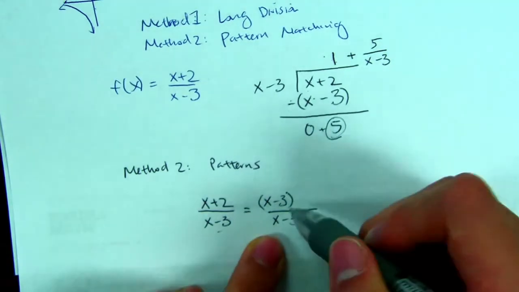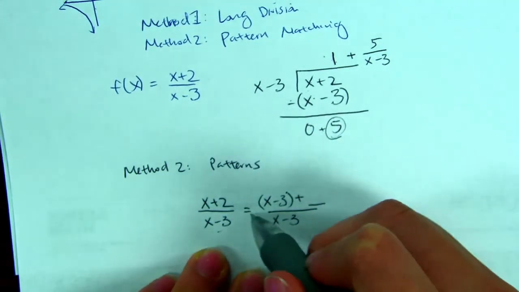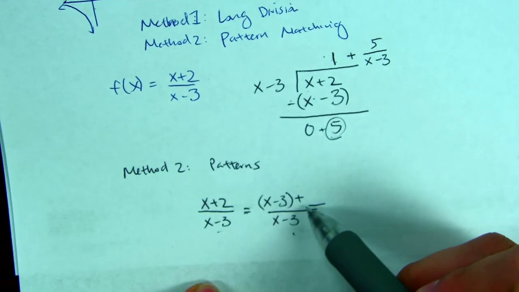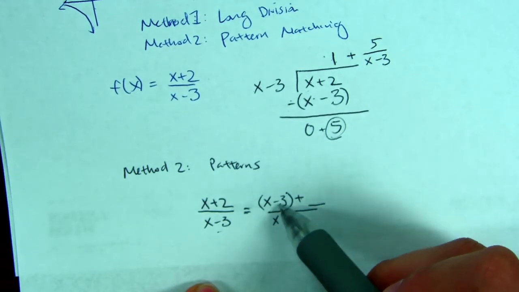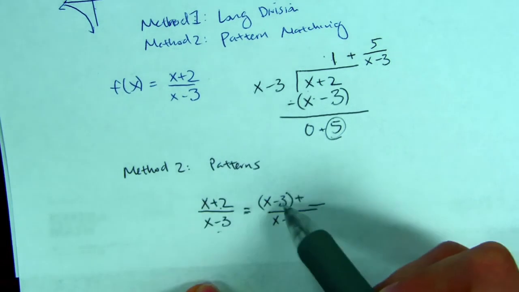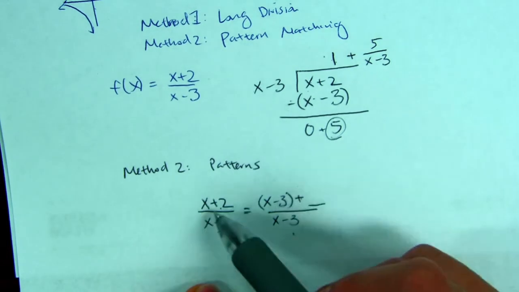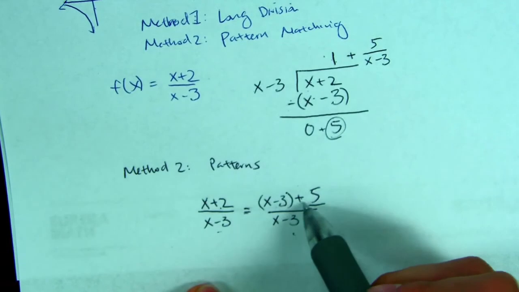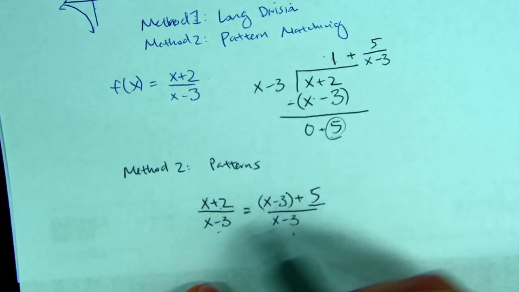But now, for these two to be equivalent expressions, the question I need to ask myself is, what do I need to add to x minus 3 to get back to my original plus 2? So what do you need to add to negative 3 to get to 2? And that is 5. Think with me on this. So negative 3 plus 5 is 2. So these two are equivalent expressions.